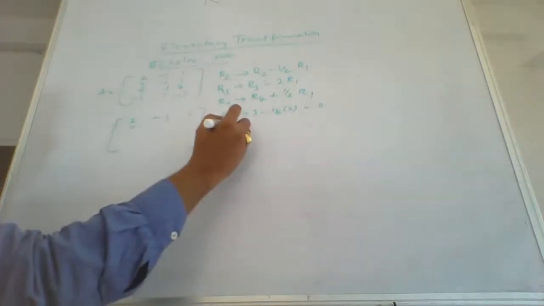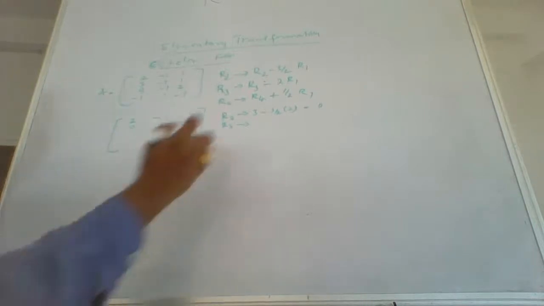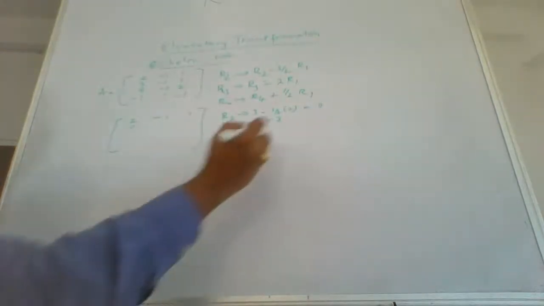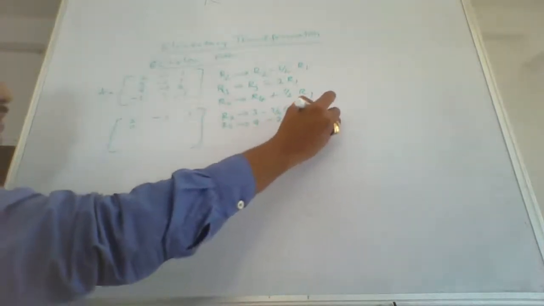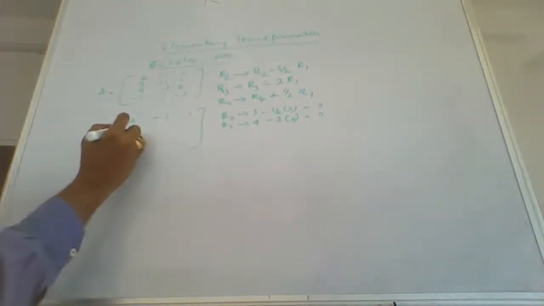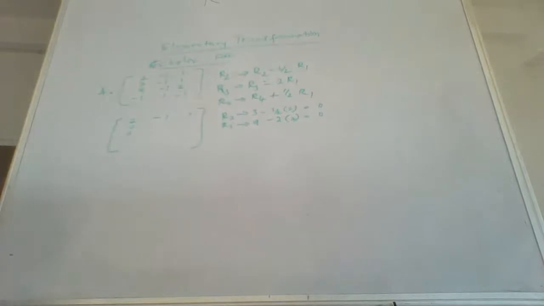Let us do the row 3 operation. So R3 is 4 here, and 2 times R1, which is 2. Again, this results in 0. So this is also 0.